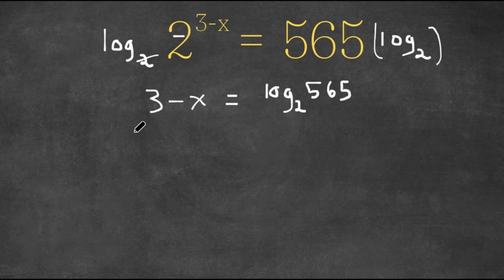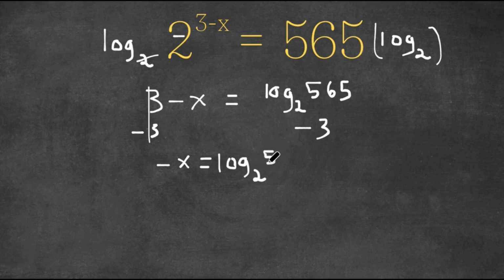Now, if I subtract 3 on both sides, because I want to isolate x, these two cancel out, and on my left-hand side I would have negative x is equal to log base 2 of 565 minus 3.